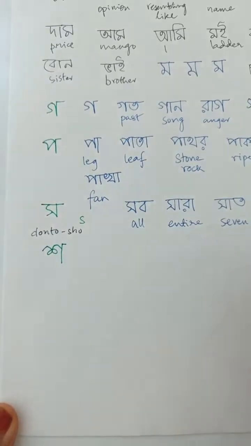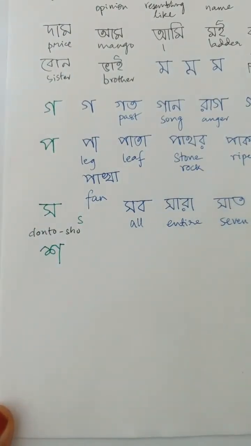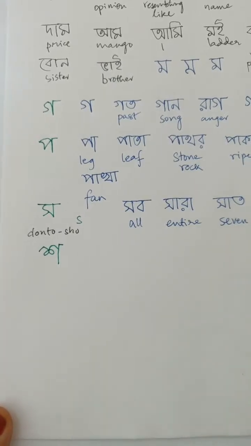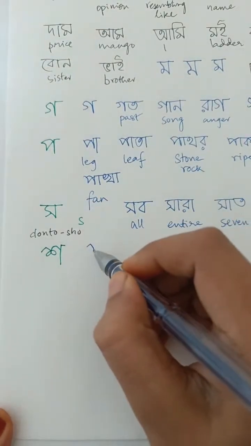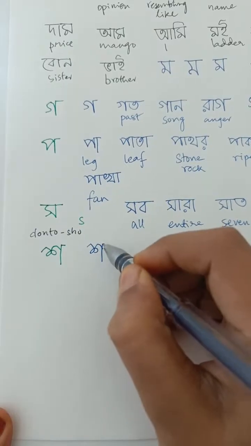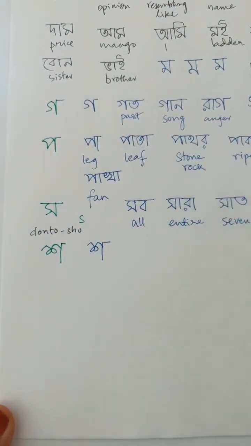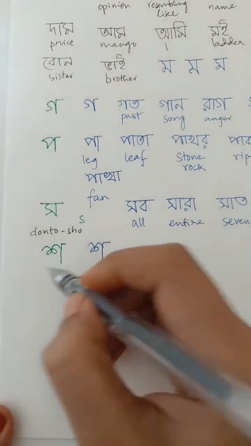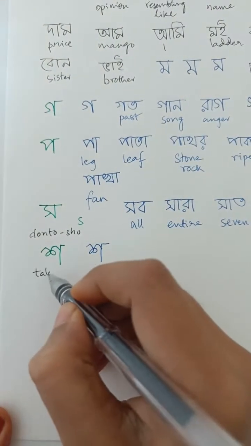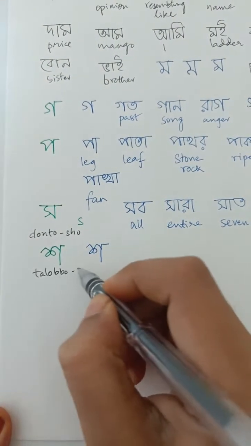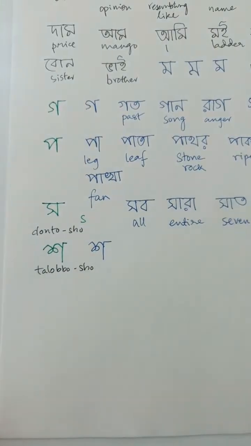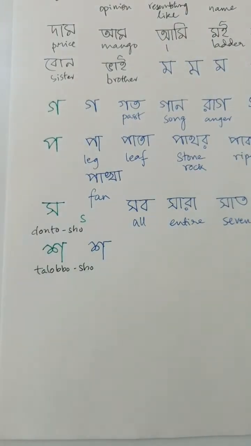This one does not have matra, and it looks like this. That's the entire letter. Let me write it one more time. The name of this is Talabo Sha. So in Bangla alphabet, many letters are named based on where they are pronounced from.